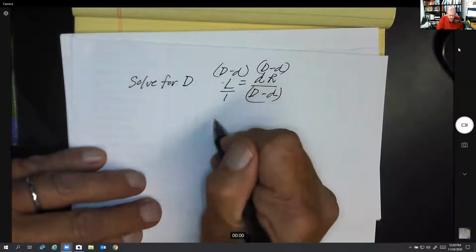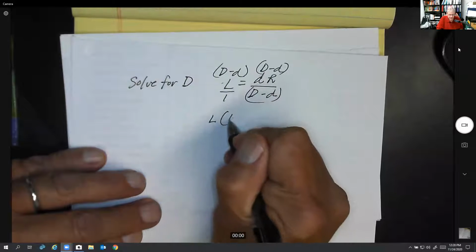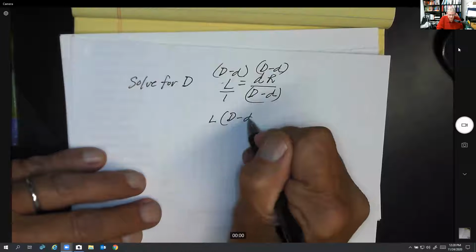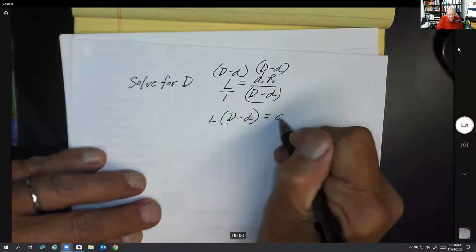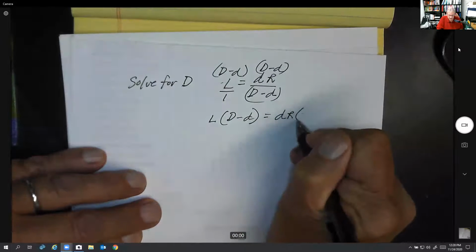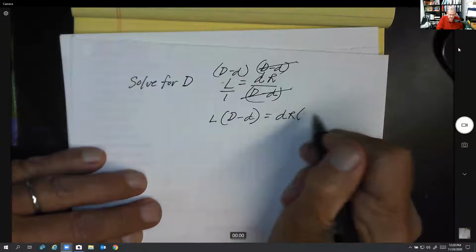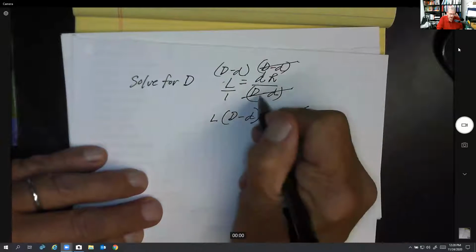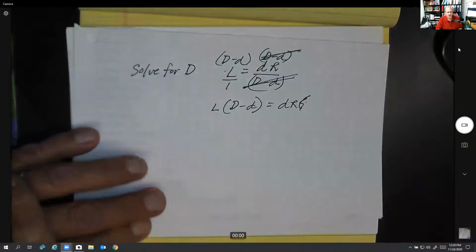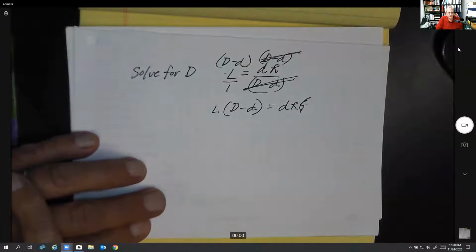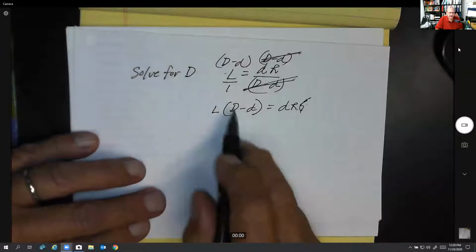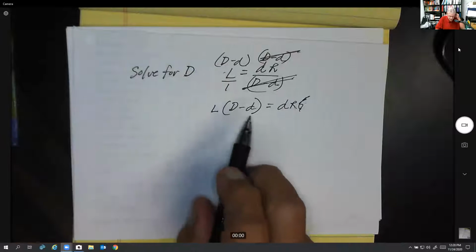So here we got L times capital D minus d equals dr times D minus d, but that's going to cancel out, so it's just times dr. That was the whole idea of doing this, so those cancel off. Now we're solving for capital D, but D is locked up inside the parentheses.